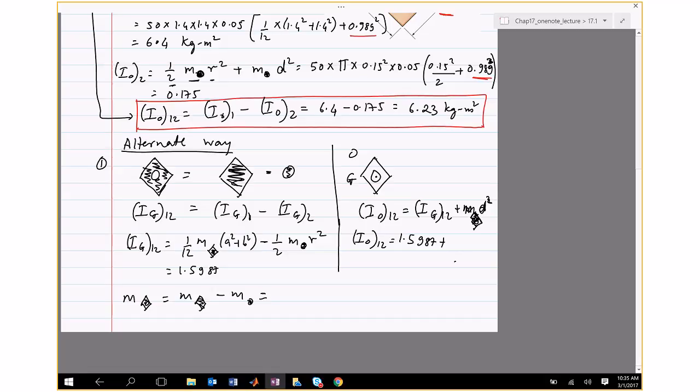That's going to be rho times A times B times thickness minus rho times the volume of the disk, so pi r square times the thickness. This comes out to be 4.723. So what goes in here is 4.723 times 0.989 square, and if you compute this, you actually get the same answer, 6.23.